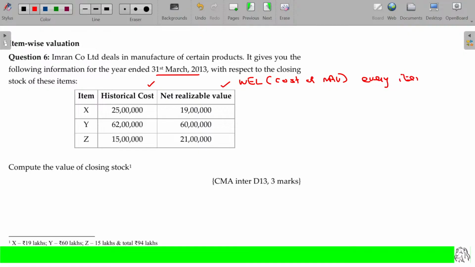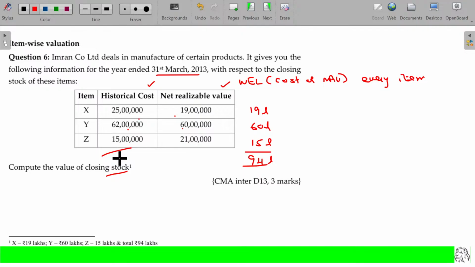Every item. 25 or 19, 19 will be taken. 62 or 60, 60 will be taken. 15 or 21, 15 will be taken. The overall value being 94 lakhs. Am I right? 94. Okay. What about independently? Come on.